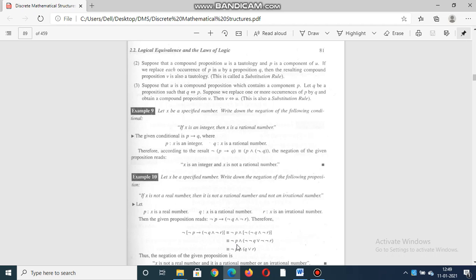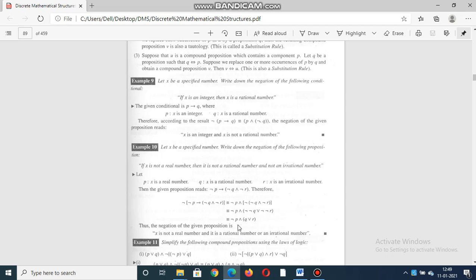So negation p conjunction, once again this applied to the whole thing, negation q. So this negation conjunction is converted into disjunction, once again negation r. So double negation q is equal to q, double negation r is equal to r. In the sense, negation p conjunction q disjunction r. So this is your output.